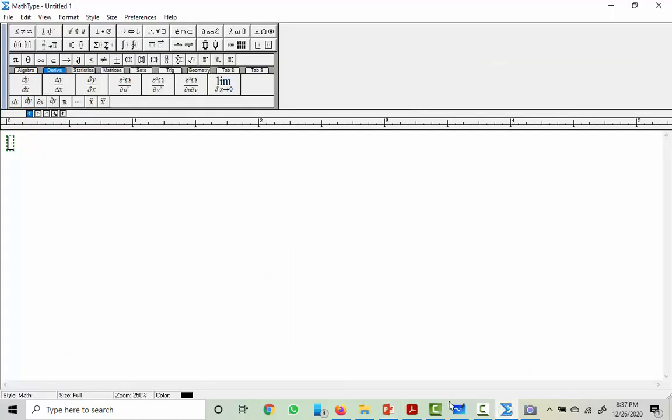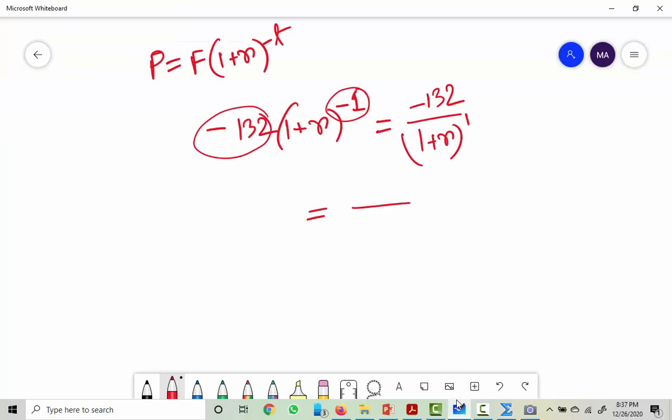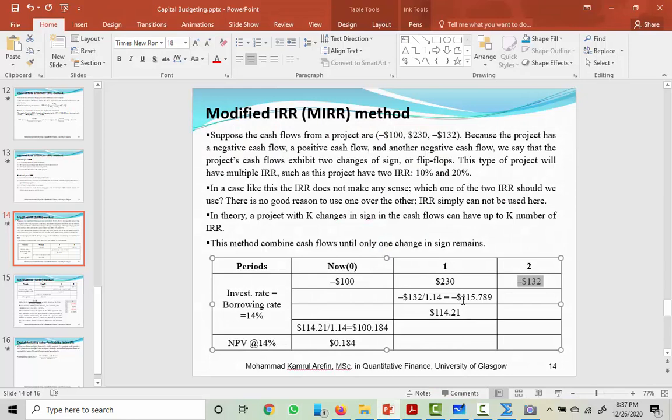In that case, the r we will be using is 14%, that means 0.14, for minus 132, power 1. If you calculate, you will see that the answer is this one.